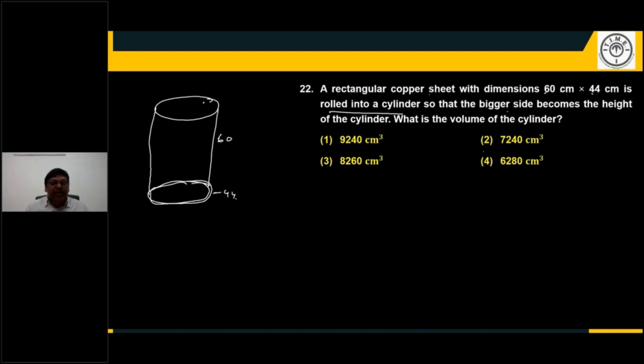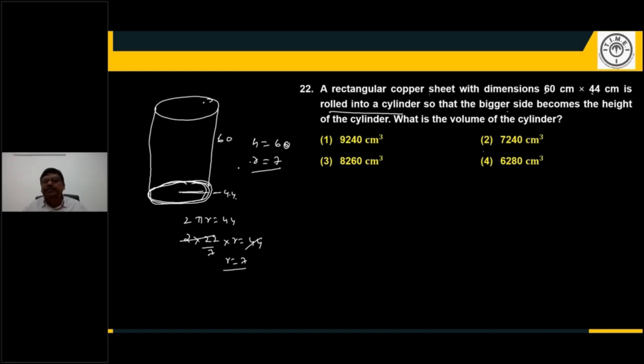But what is the radius of the cylinder, please? I said this 44 is going to be base perimeter 2 pi r. 2 pi r is 44, means 2 into 22 by 7 into r is 44. 2 22s are 44, 44 gets cancelled, r is going to be 7. R is 7. Students, H is 60.